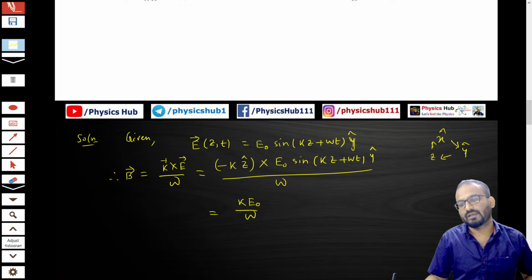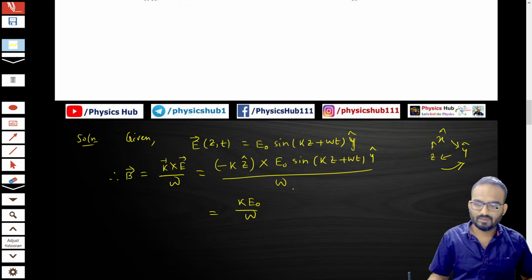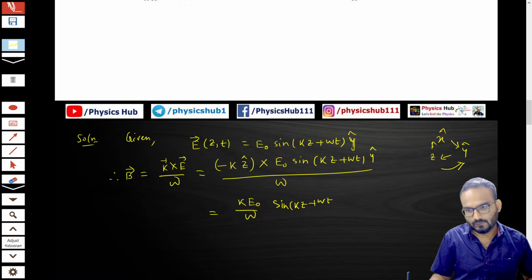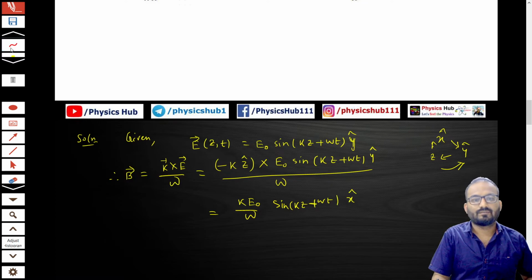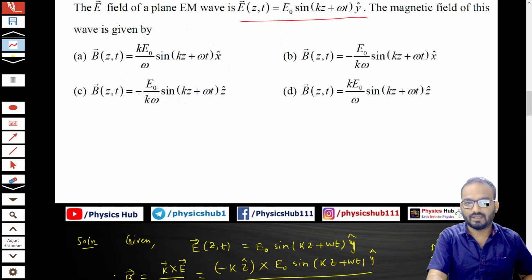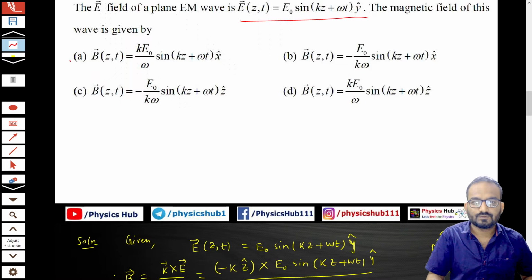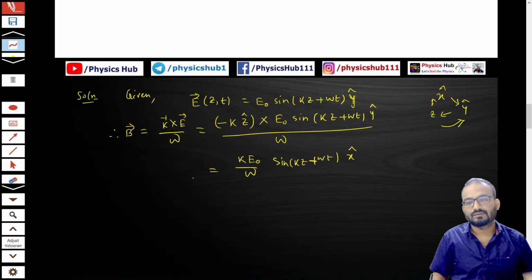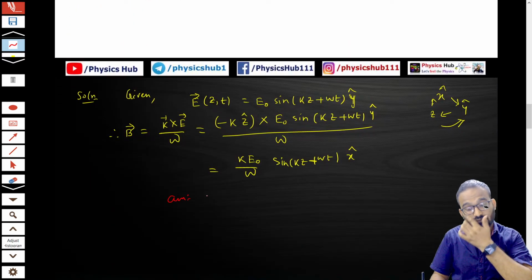Z cap cross y cap, we are going in an anti-clockwise sense, so that is minus, and this minus is absorbed, so plus x cap. So this is sine(kz plus omega t) into x cap, which is matching with an option. Which option is it matching with? A, right? So in this way you can easily solve this kind of problem.